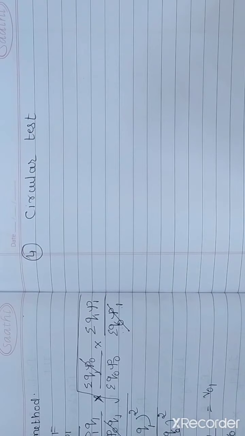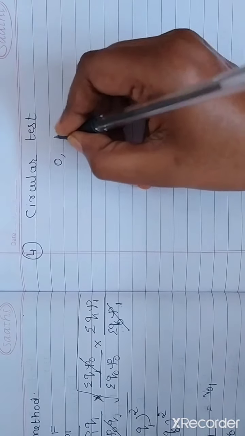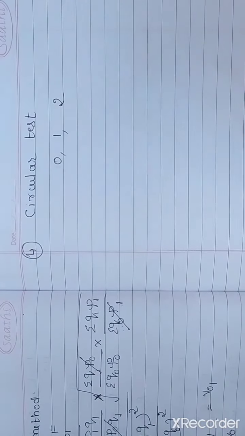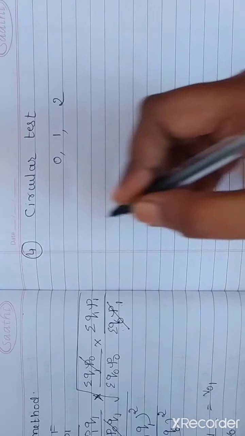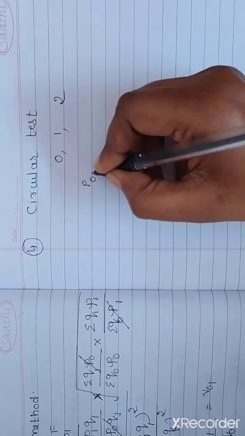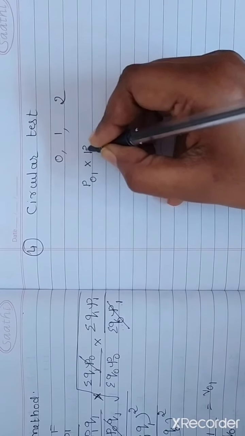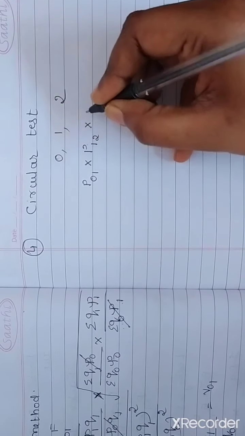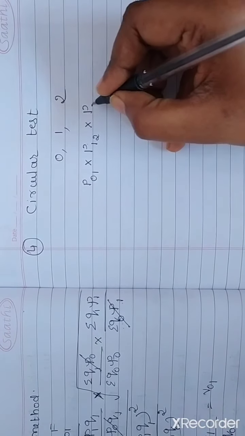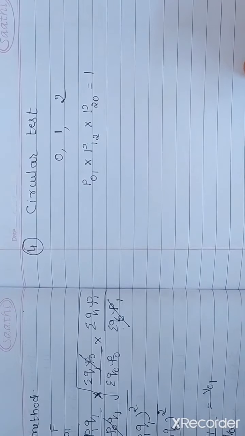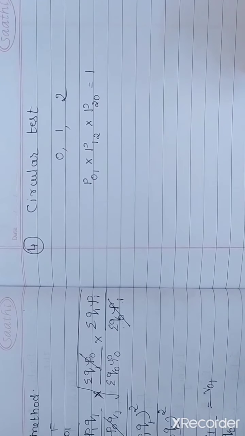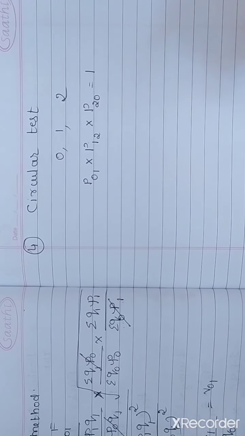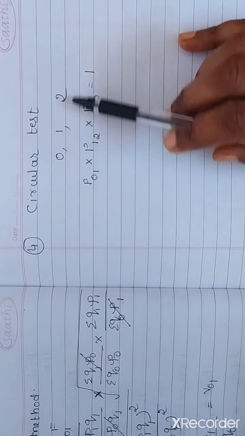For example, if we have 3 years, 0, 1, 2, then the circular test is P01 into P12 into P20 is equal to 1. In the time reversal test we considered P01 into P10 is equal to 1. Here 3 years are given.